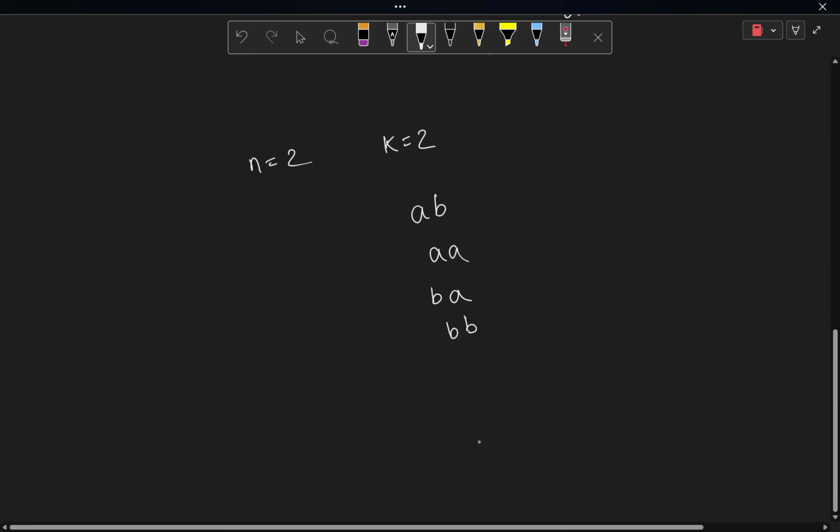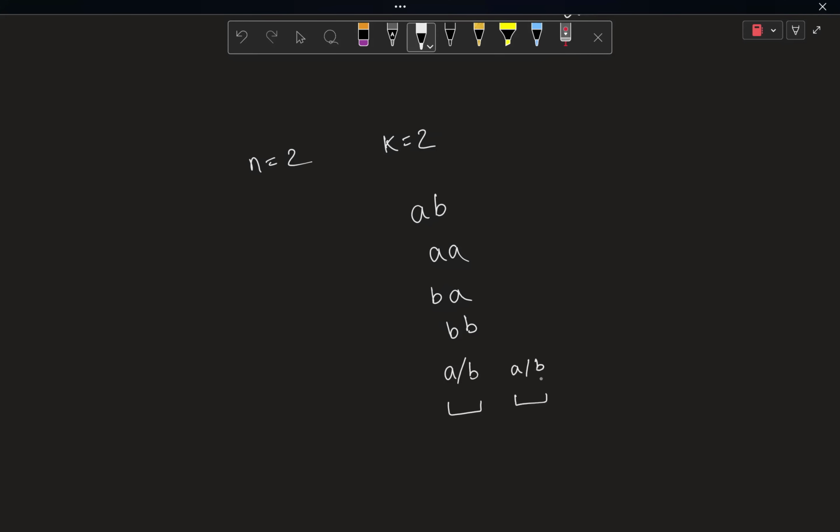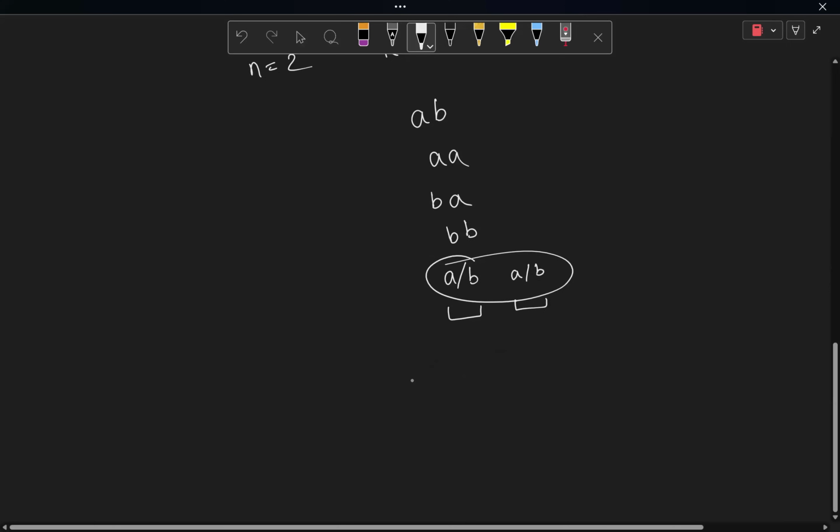So what you want is the first character can be any one of A or B, and the second character can be A or B. All this kind of combinations.